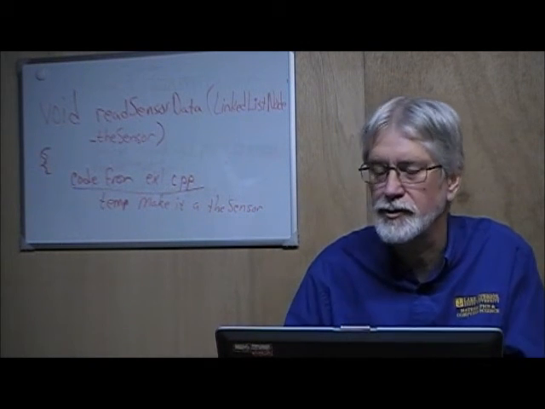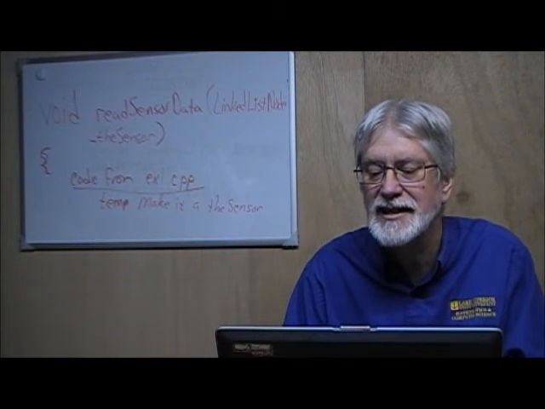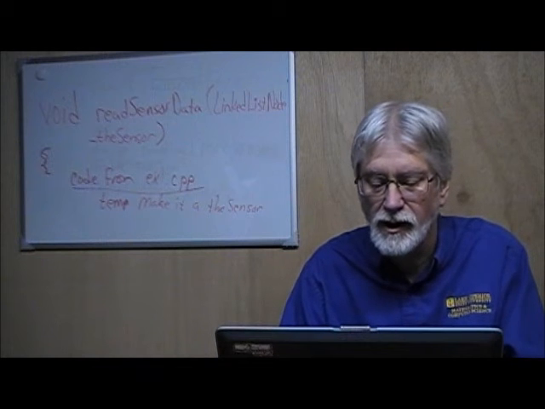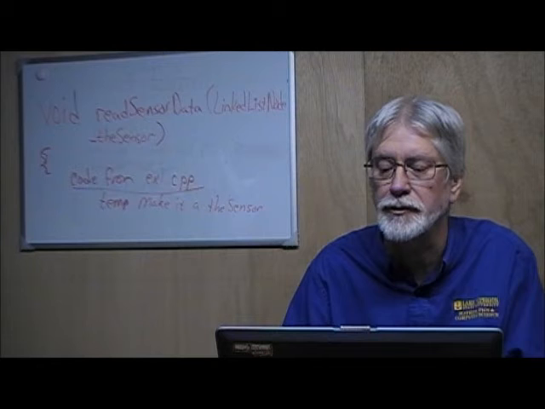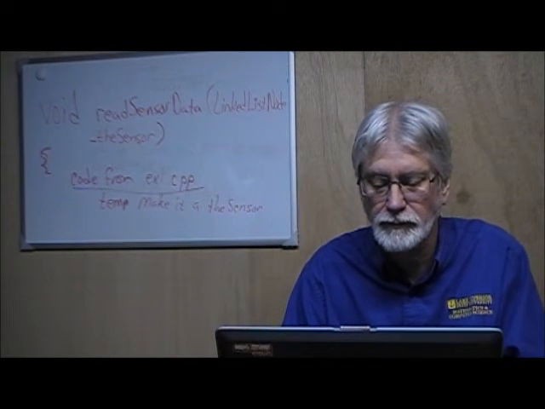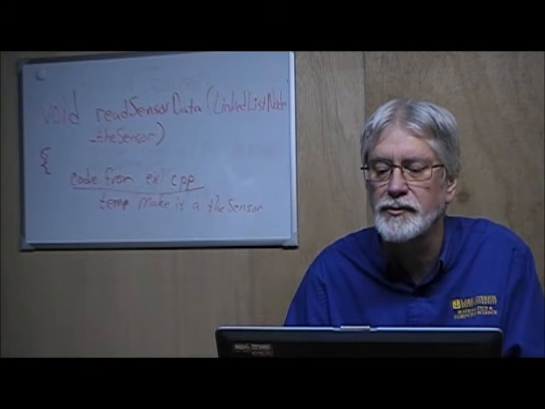That's how the parameters work. Okay? So all of the data in temp, when we pass it into the function, when we call the function using that, all of that data is going to get copied into the local parameter in the function. Okay? And so I'm changing temp to be the sensor on each one of those.